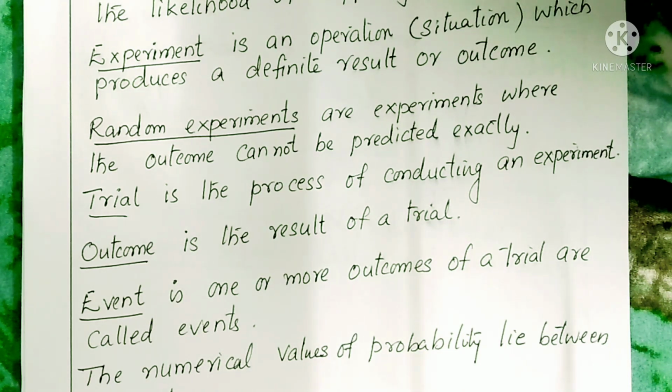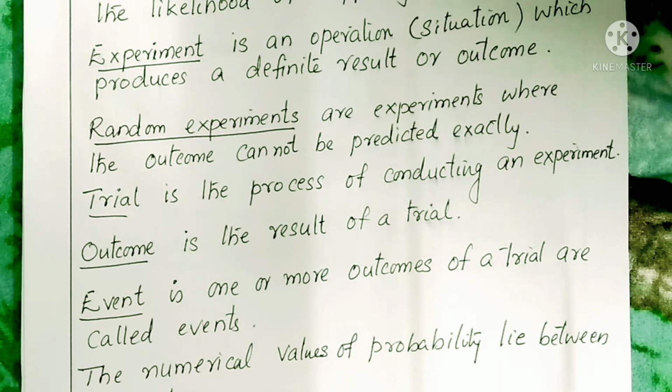Now, when you find out the numerical value of probability, usually what we do is, whatever outcome we are thinking about. For example, if I ask you, when you toss a coin, what is the probability of getting a head? Okay. So, you have two outcomes.